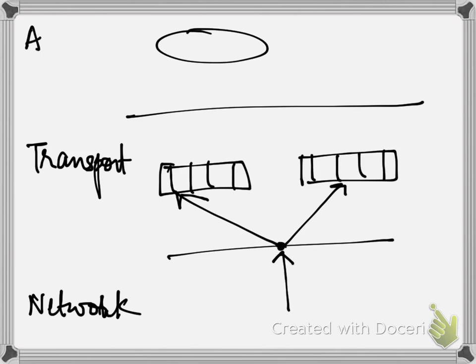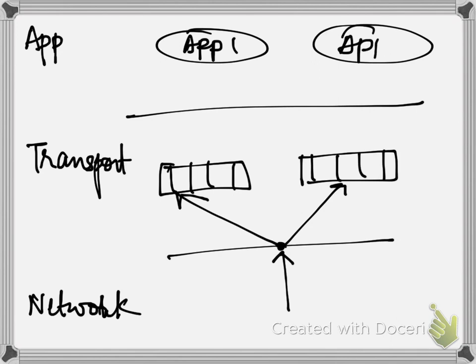At the application layer you have app 1, and this is app 2. App 1 will read from here, app 2 will read from the second buffer.